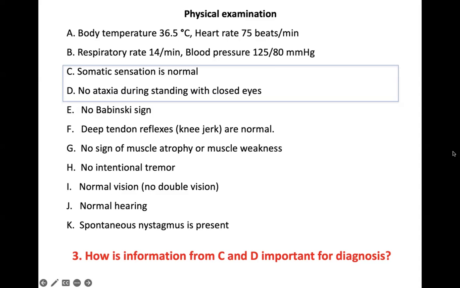If you don't have the help from vision, that's why you make the patient stand with closed eyes, because you want to test the ability of those receptors on your leg, right, to send information or input to the brain.